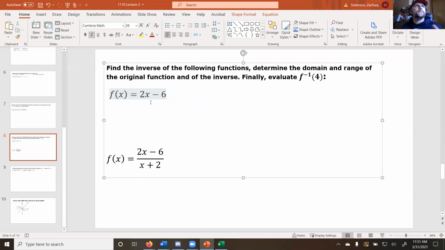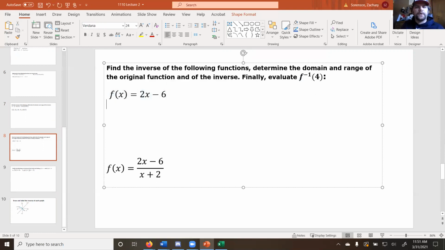But maybe I want to build a function so that you could give me any result, and I would say, this is what your input was initially. This is what you started with by plugging it in the function. We do that by finding the inverse. The inverse is also a function. It's an undoing function.